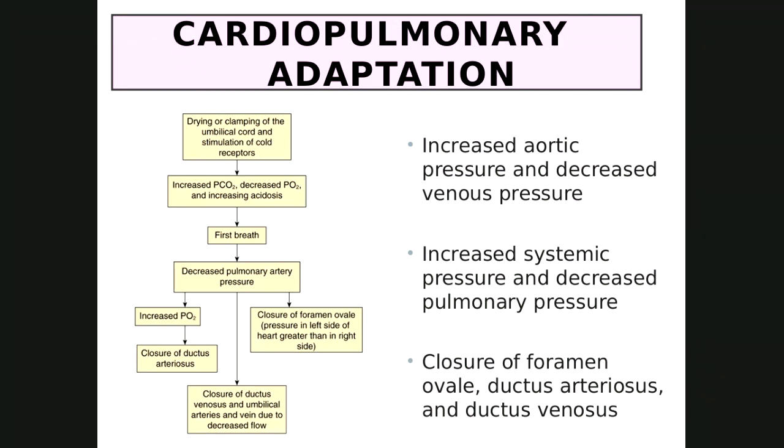And once the baby takes its first breath, there's an increased aortic pressure and decreased venous pressure. This increased systemic pulmonary and decreased pulmonary pressure. And this causes closure of the foramen ovale, ductus arteriosus, and ductus venosus.